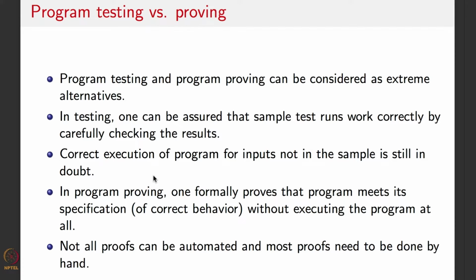You use a bag of techniques that I've listed here to mathematically prove that a program meets its specification. What is the specification? It is any requirement about a property of a program. It could be a requirement that says that the program meets its functionality of a certain kind, and so on. It may or may not involve executing the program. And the thing to be noted is that unlike testing, where there's heavy automation, program proving cannot be automated at all.